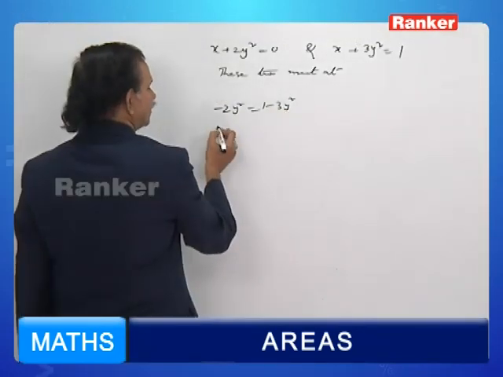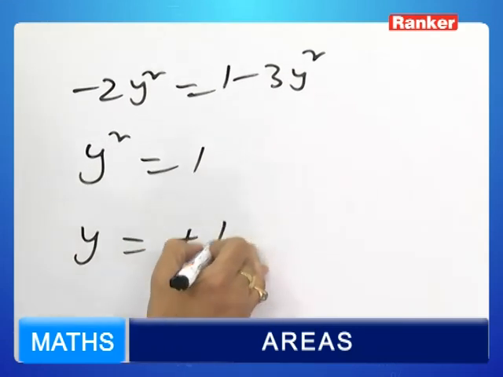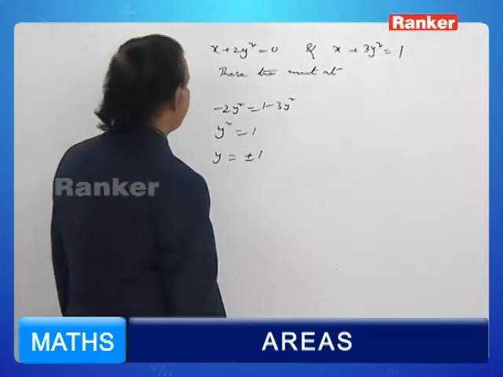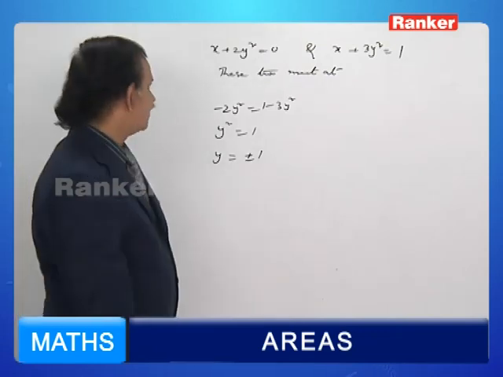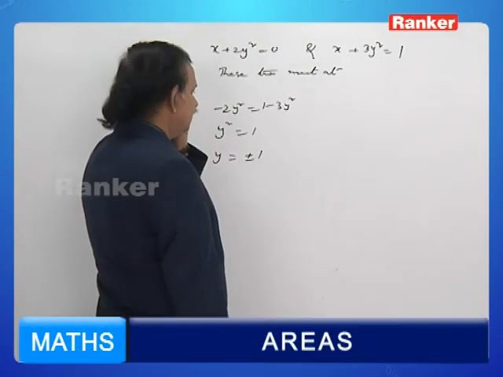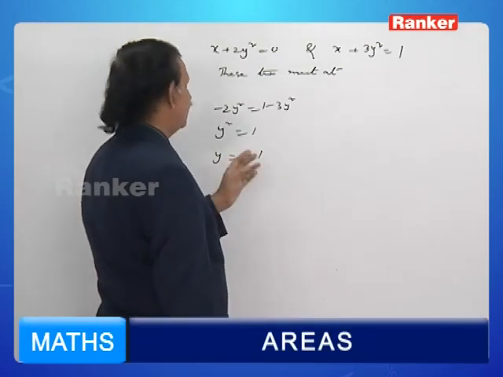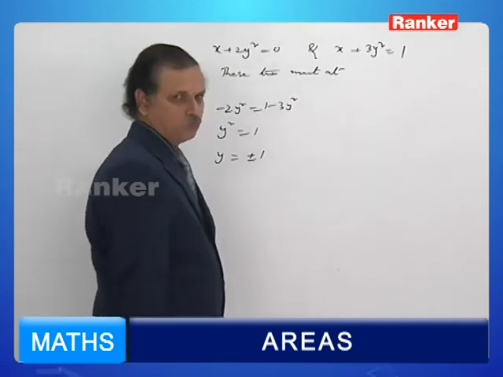Sending minus 3y square to this side, y square is equal to 1, therefore y is equal to plus or minus 1. And of course, if y is 1, x is minus 2, isn't it? If y is plus or minus 1, x is minus 2.